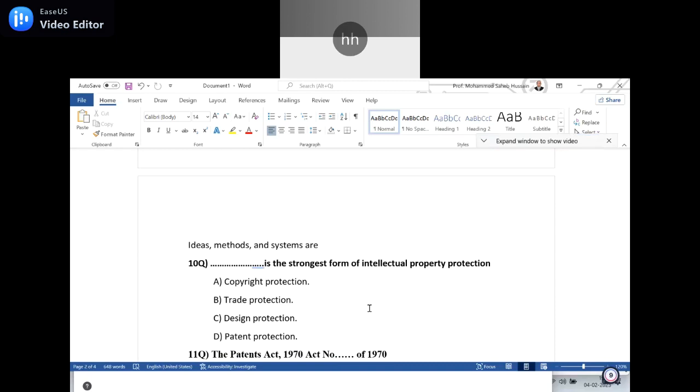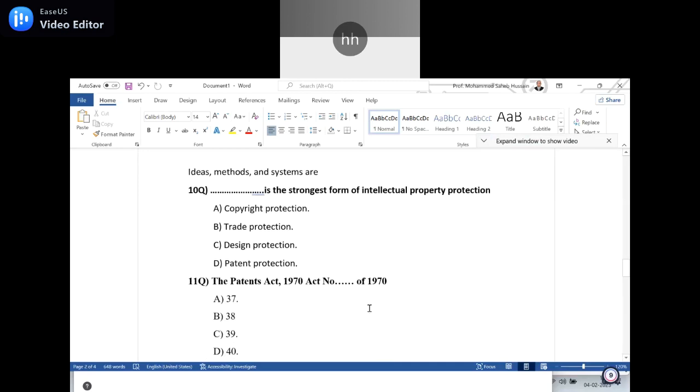Patent protection is the strongest form of intellectual property protection because patents are inventions, not creations. Literary work is a creation. Music is a creation. So patents mean new inventions, and those are the strongest form of intellectual property protection.